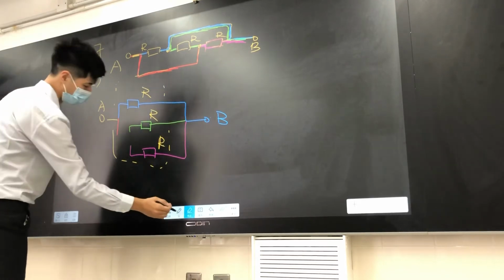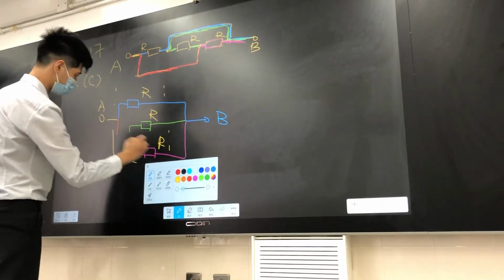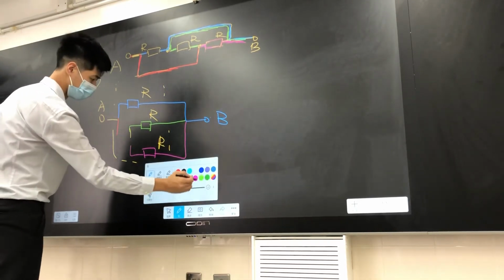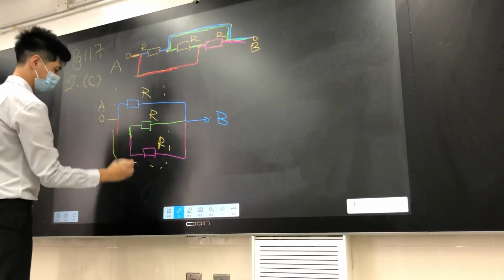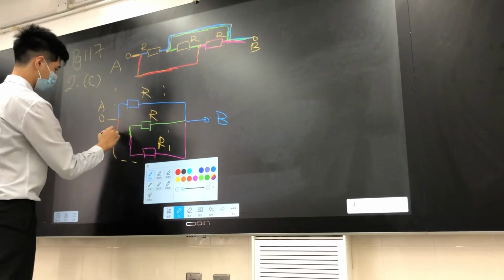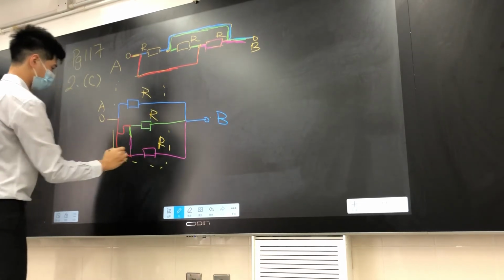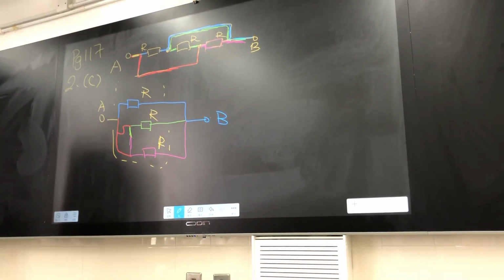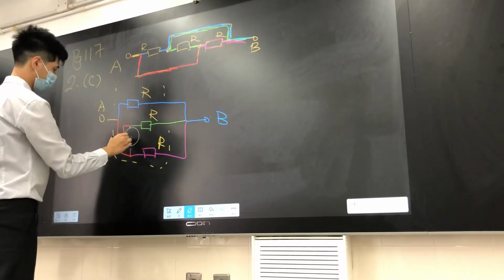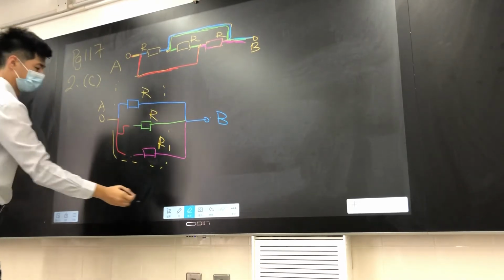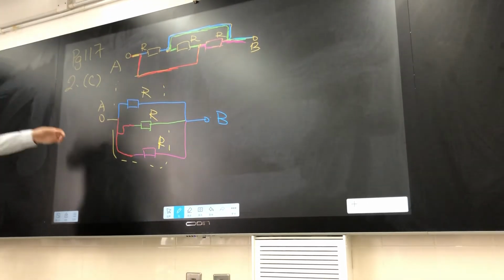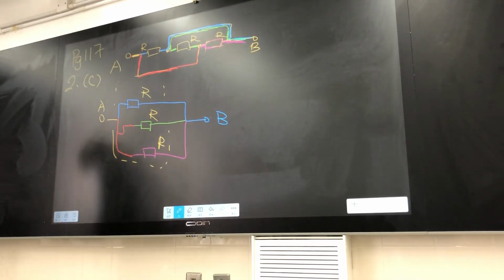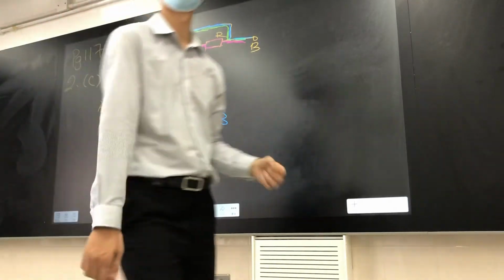So for you to understand more easily, okay, this may make it easier to understand. As you can see, all three resistors are simply connected in parallel.